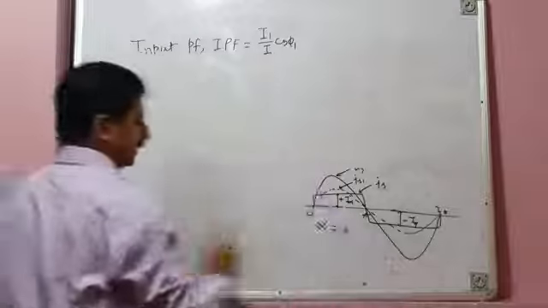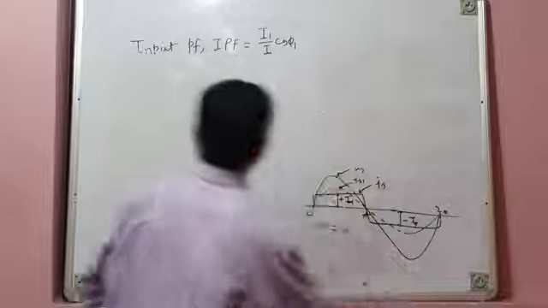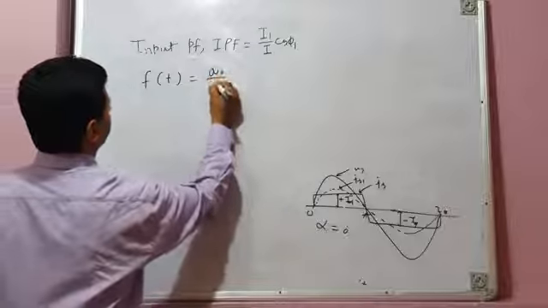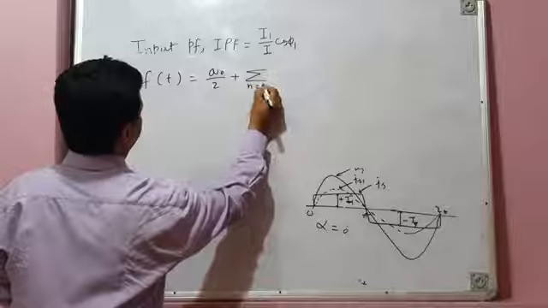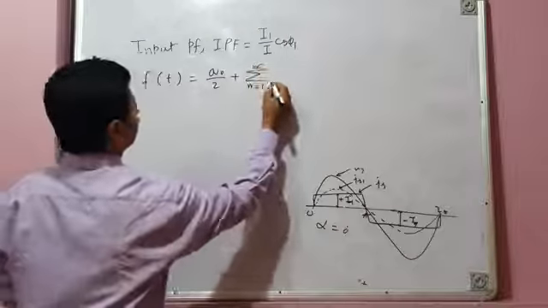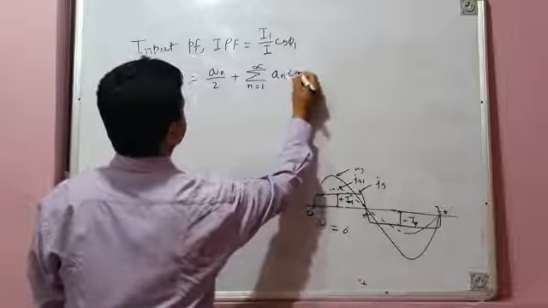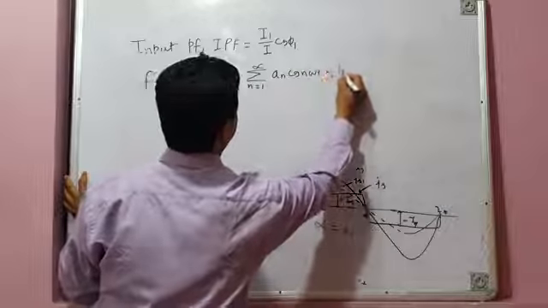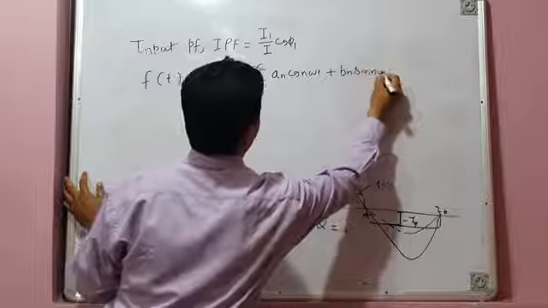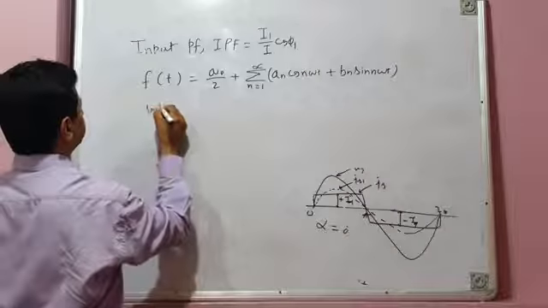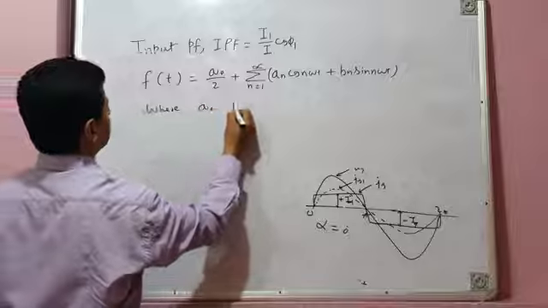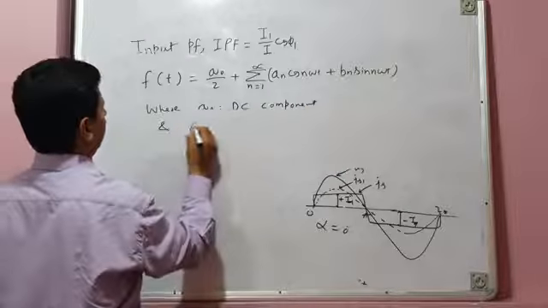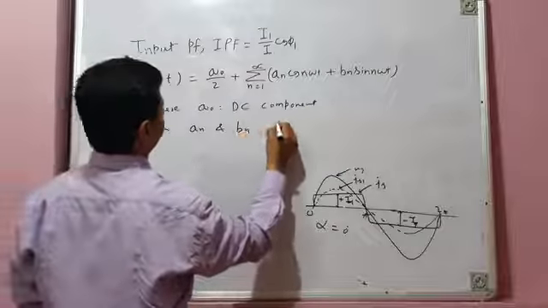So if you apply the Fourier series, according to the Fourier series, you have a function f(t) equal to a0 by 2 plus summation n equal to 1 to infinity of an cos n omega t plus bn sin n omega t, where a0 is the DC component of the function, and an and bn are called Fourier coefficients.